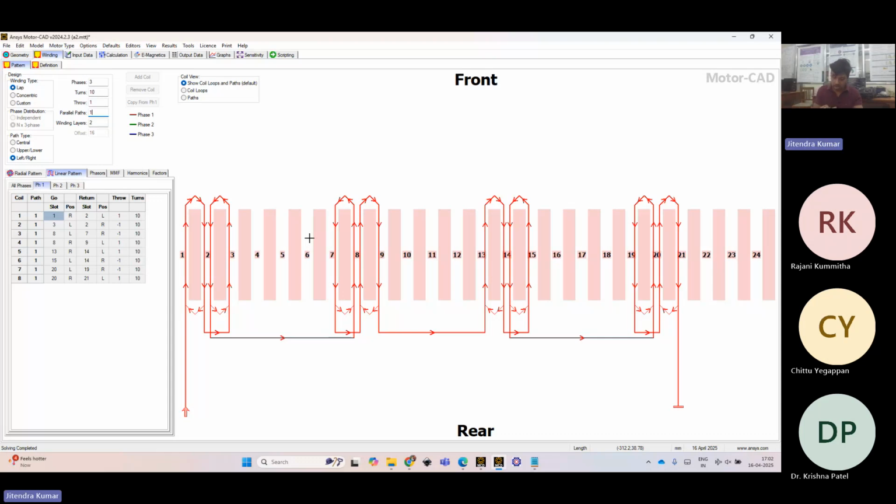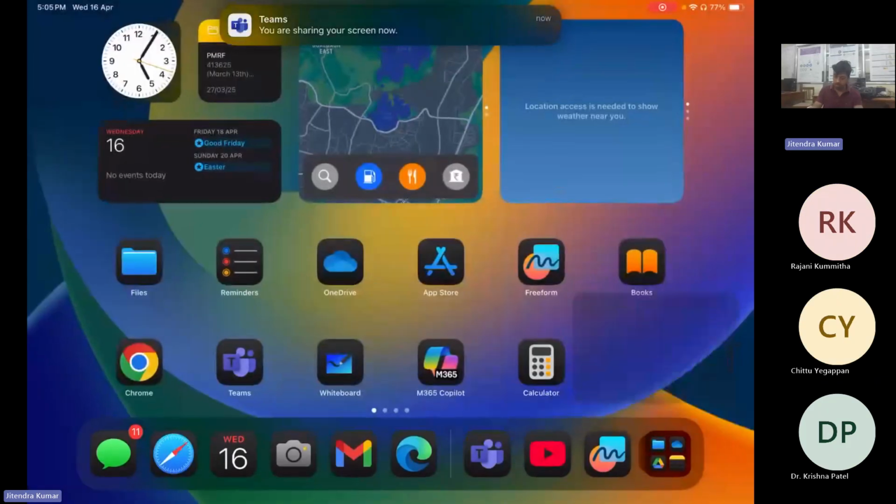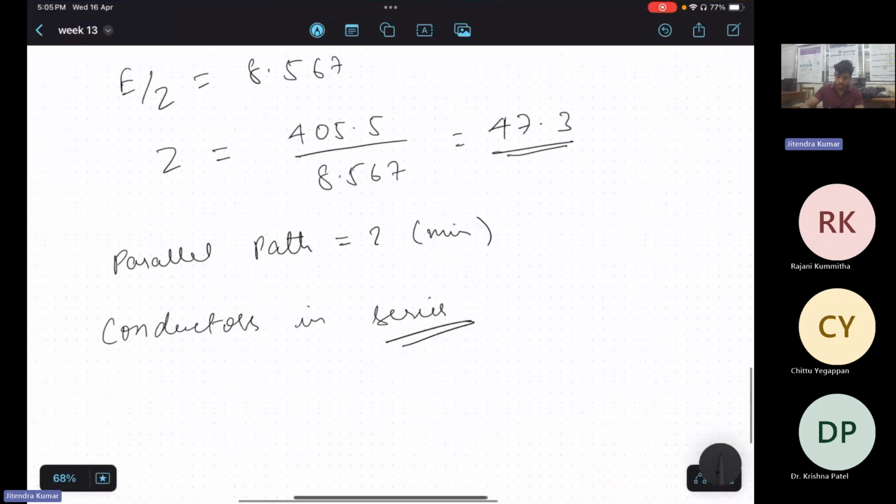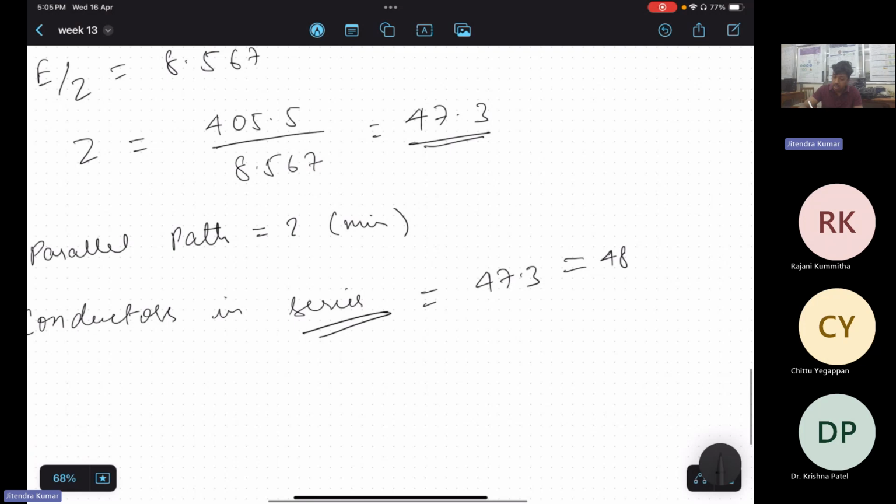Let's come back to that slide. The number of conductors will be equal to 47.3, which should be taken as 48 because an integral number of conductors is expected, and it should be slightly higher than what you are getting.